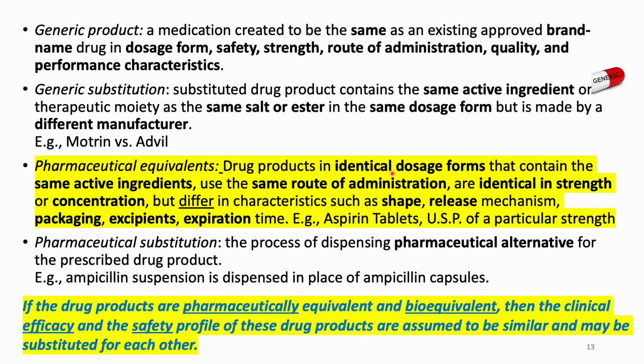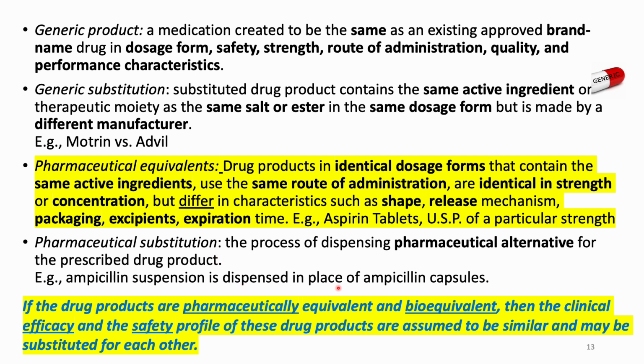This means it should be the same dosage form that contain the same active ingredient, use the same route of administration, are identical in strength and concentration, but differ in characteristics such as shape, release mechanism, packaging, excipients, expiration time, etc. For example, you have aspirin tablets, USP of a particular strength, then you can have the pharmaceutical equivalence.